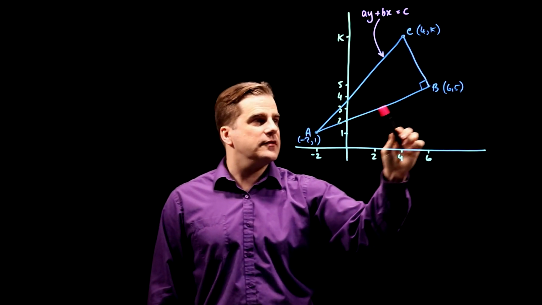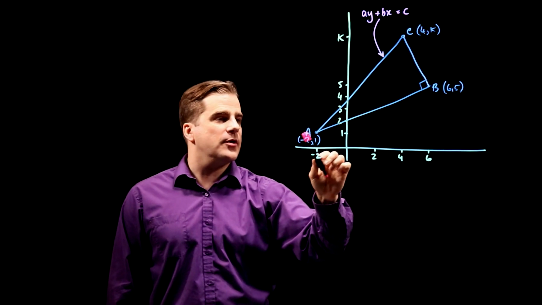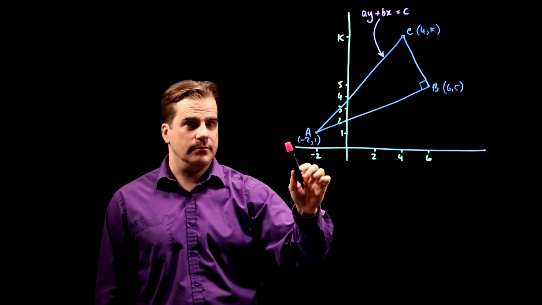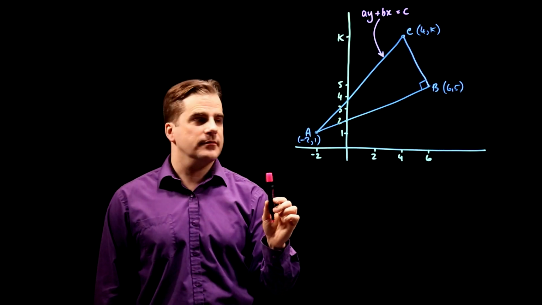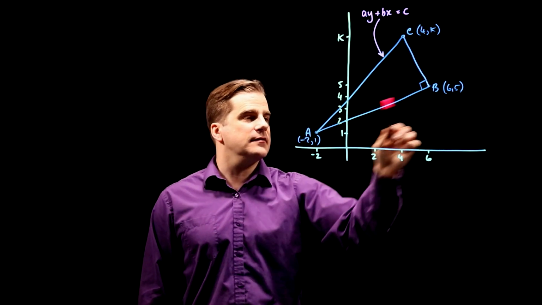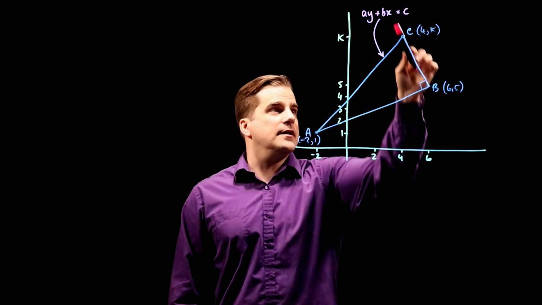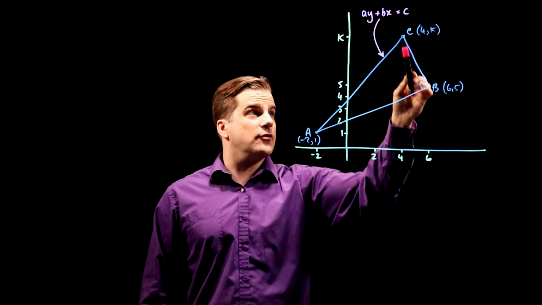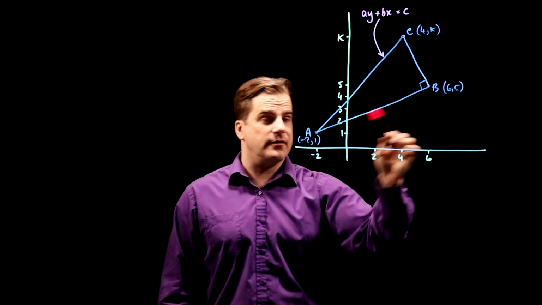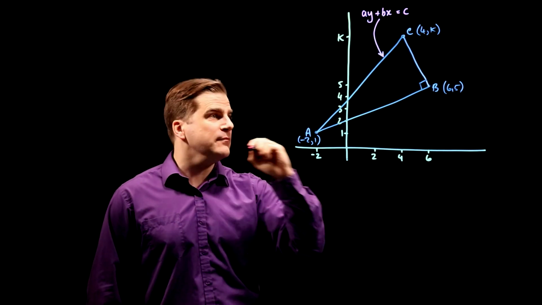We can work out the equation of the line AB pretty easily because we know the coordinates of A and we know the coordinates of B. So we can work out the gradient, and we know that AB is perpendicular to BC, so we therefore immediately know the gradient of BC from the gradient of AB, it's the negative inverse.